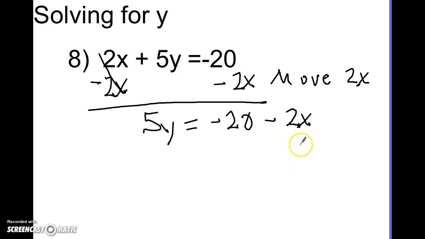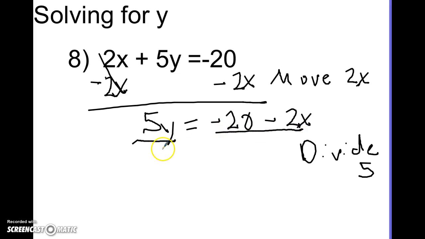And our next step is to divide. Remember, we were getting rid of the 5 up at the top, so we're dividing by that 5. Division bar on the left and the right side. Get rid of 5 by dividing by it on the left. And on the right-hand side, we also divide by 5.